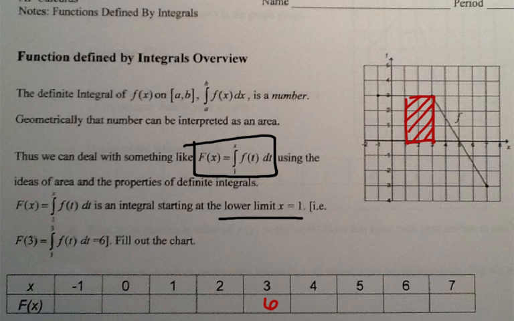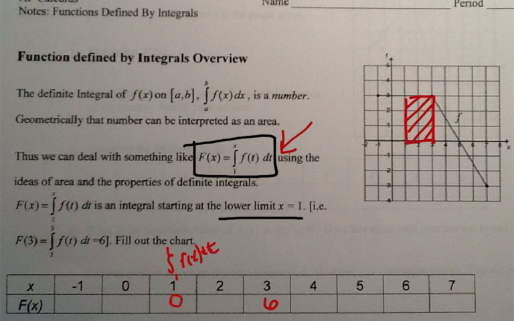Okay, so the easiest integral to determine is always going to be the one where the upper limit and lower limit are the same. So since our lower limit is 1 for this one, if we do the integral from 1 to 1 of f of t dt, that one will be 0.